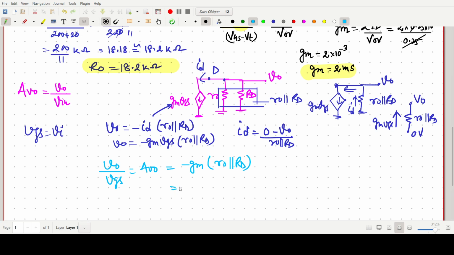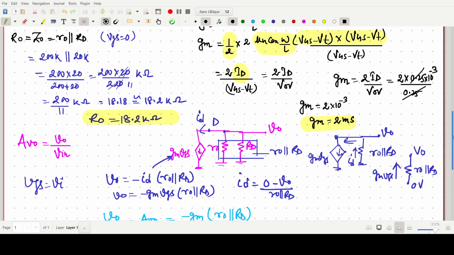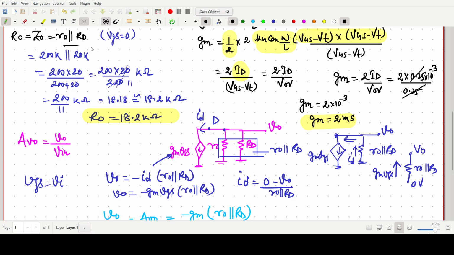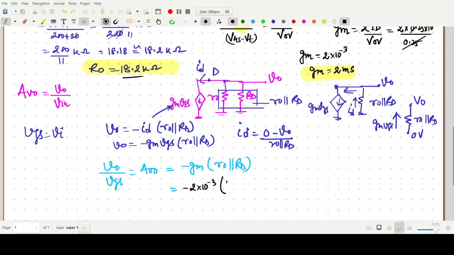Okay, now we have all the data. gm is 2 millisiemens, so minus 2 into 10 to the power minus 3, times r0 parallel with RD, that is our Z0. r0 parallel with RD we have calculated, 18.2 kilo. 18.2 kilo we have already calculated.